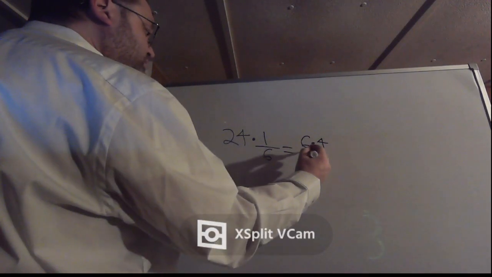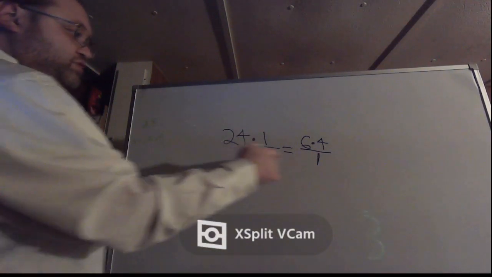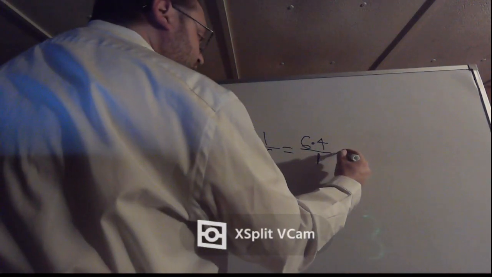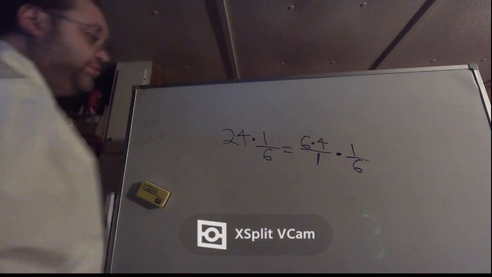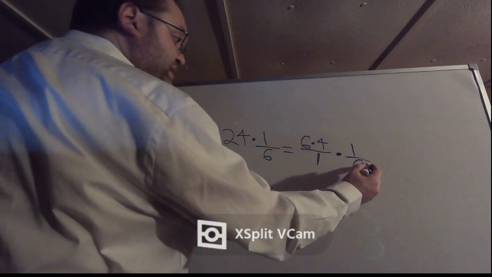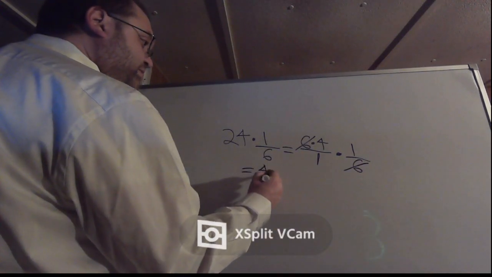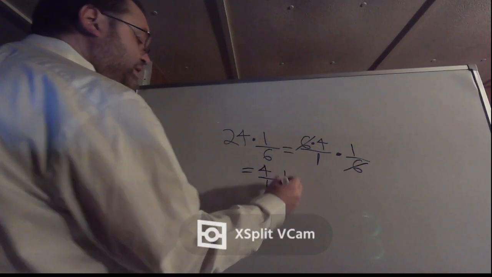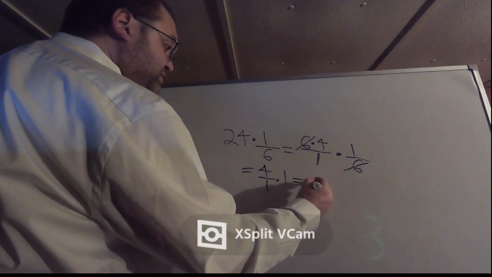Those are factors of 24. Over a guiding 1. We have a guiding 1 for the 24. Times 1 over 6. Well, it looks to be that the 6's will factor out, so you're left with 4 over 1 times 1. Well, 4 over 1 is just 4, so your answer is 4.